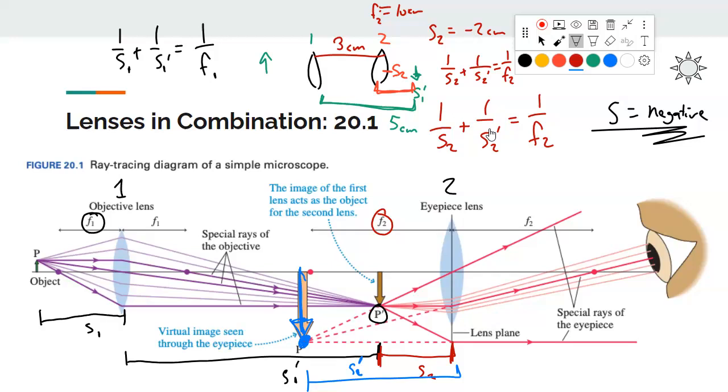You would have to start at lens 2 and then figure out how that relates to the image from lens 1. And then you could turn that into where the object is, for example. So if you know where the final image is, you might be asked to turn that into where the initial object placement is. It's just a matter of going either from the first lens to the last lens or from the last lens to the first lens. You're always going to be doing one of those two operations.